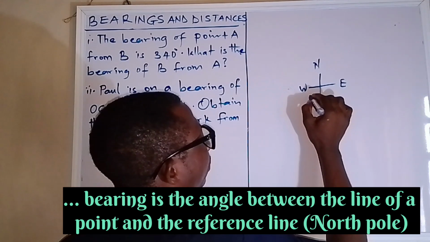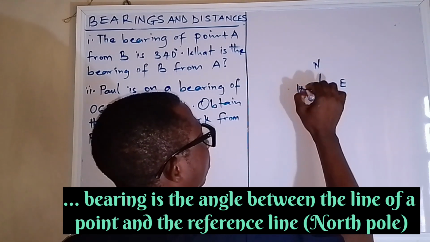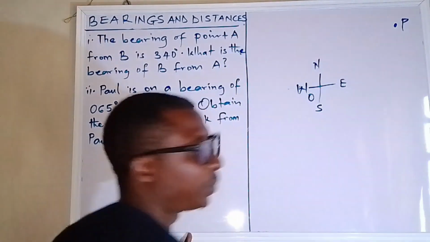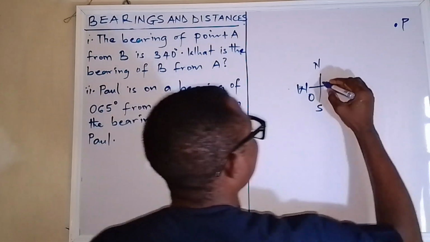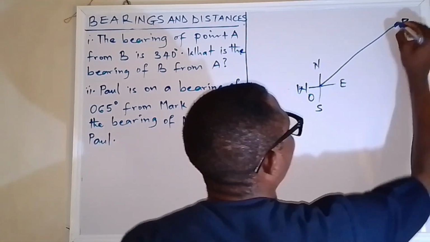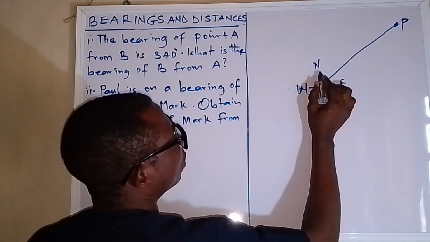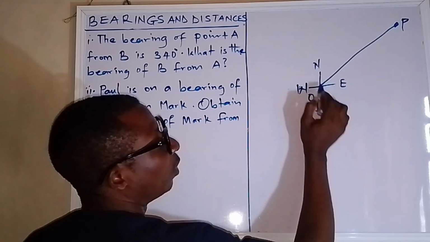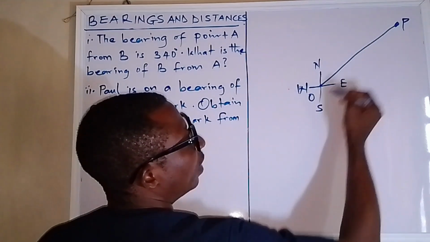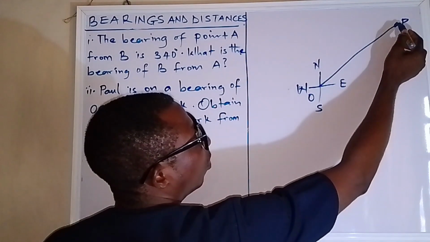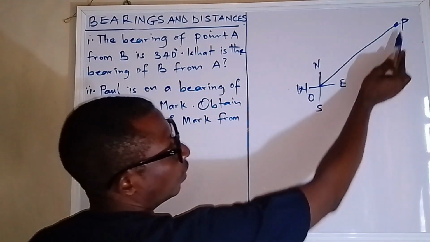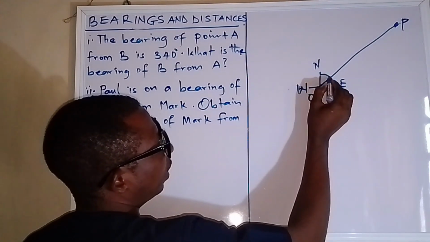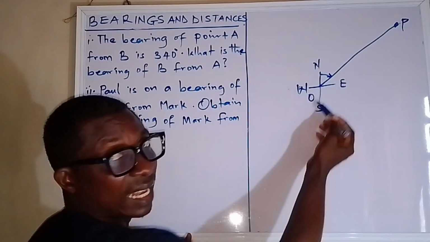And this is O. Now, bearing of a point P. If I want to get the bearing of this point, it is the angle between the line of the North Pole and the line of the reference of the point we are looking for. Now we are looking for the direction of this point. Okay, so it's just this angle here, the angle swept by line OP.